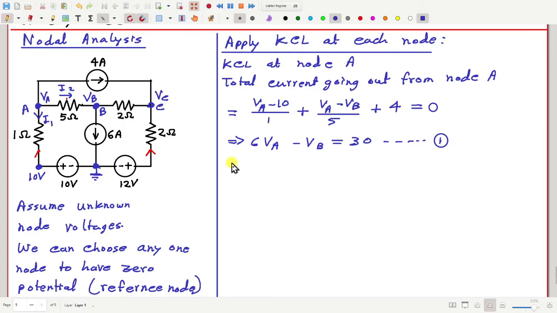Now similarly, let's apply KCL at node B. So total outgoing current is how much? You can also calculate total incoming current. That should also be equal to 0.